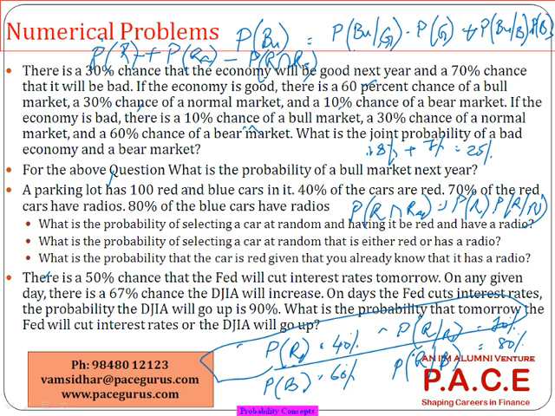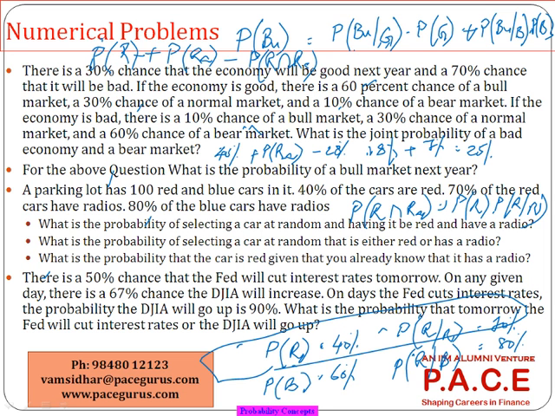So probability of red is 40, plus probability of radio. Now you tell me, how do you find out probability of radio? Minus 28. How do I get the probability of radio here?